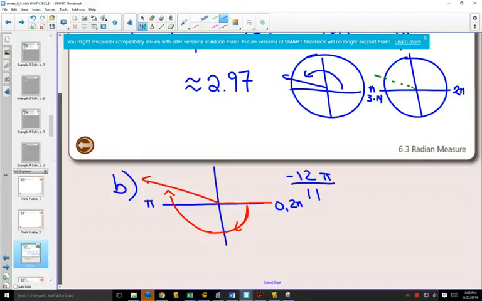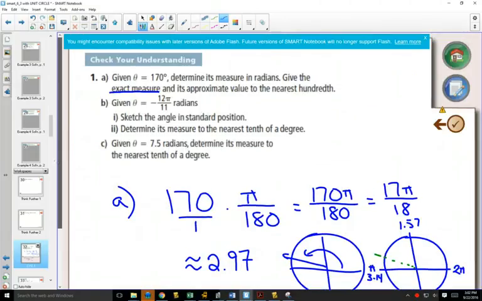If we changed negative 12 over 11 to a mixed fraction, that would be negative 1 and 1/11. If this is 1 pi and you split it up into 11 little sections, we need to go 1 and 1/11 more. That also tells us that that last little bit should be fairly small. But there we have an estimate of drawing negative 12 pi over 11.